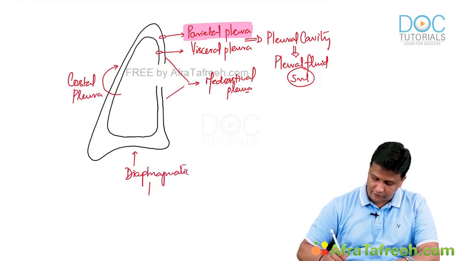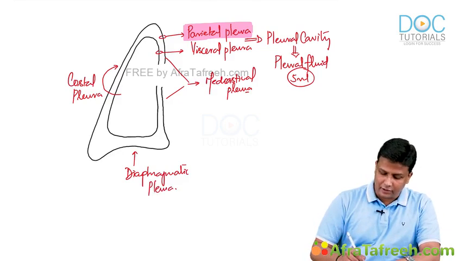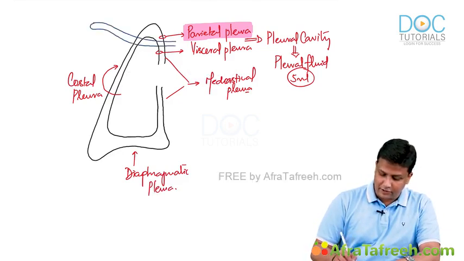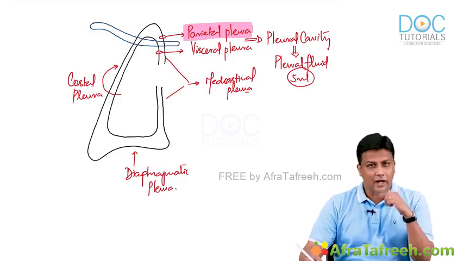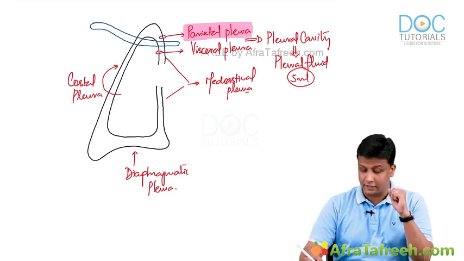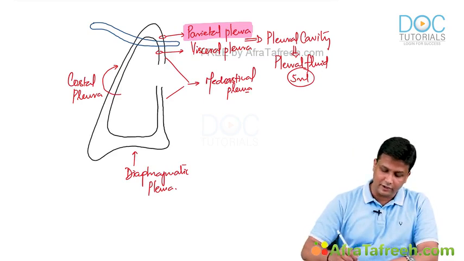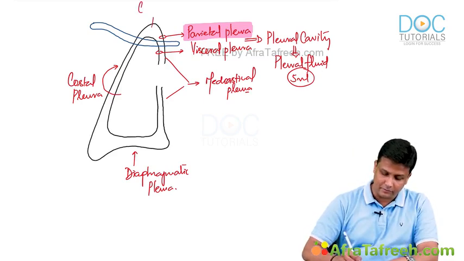And finally, just imagine your clavicle here, your collarbone, and the apex of the lung will be projecting a little bit above the clavicle. If you want to be more specific, it will be almost 2.5 centimeters just above that clavicle. That is the region which is covered by the pleura, and that pleura is referred to as your cervical pleura.